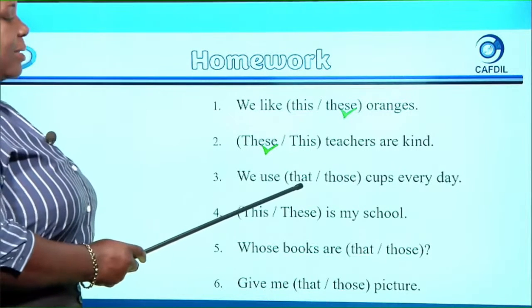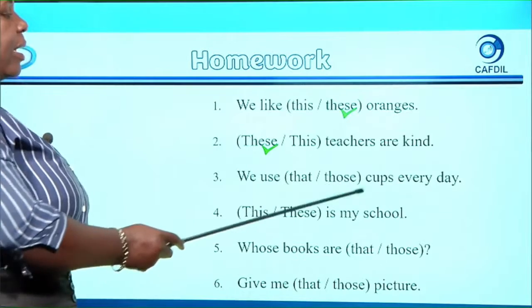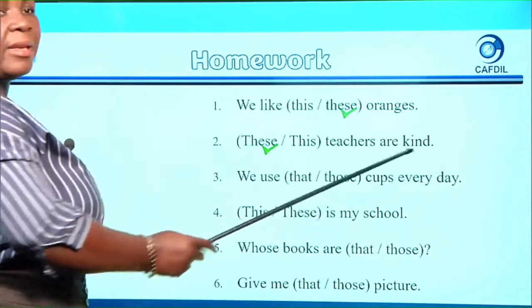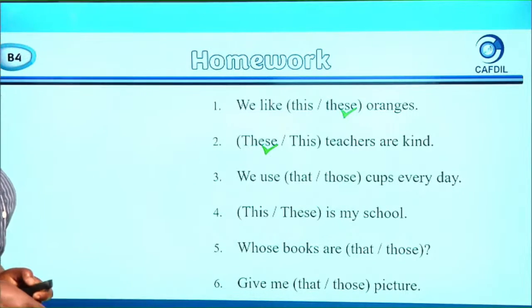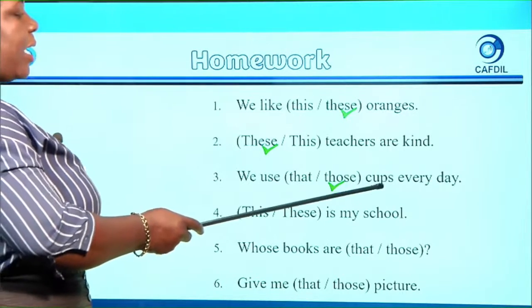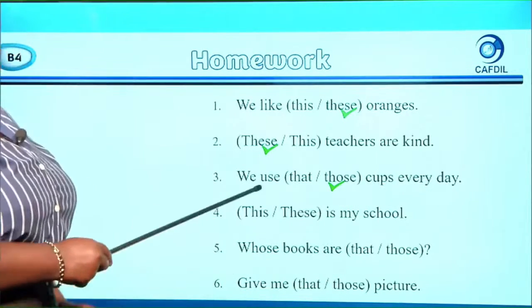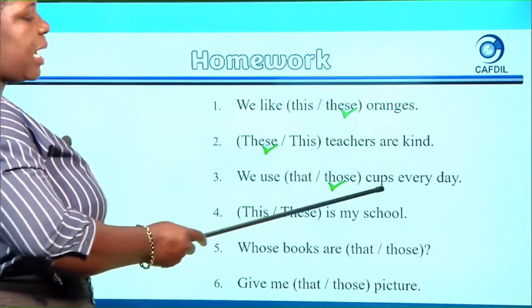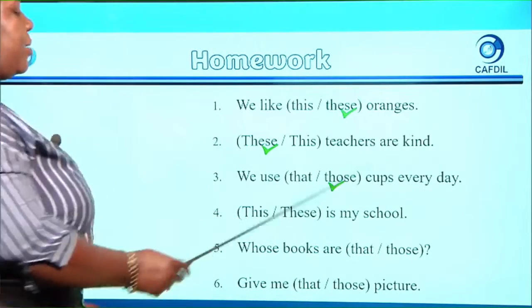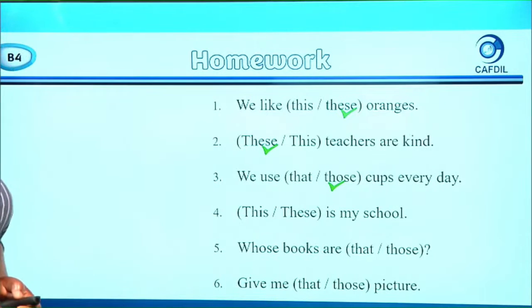3. We use those caps every day. And the answer is those caps every day. We use those caps every day. Number 4.